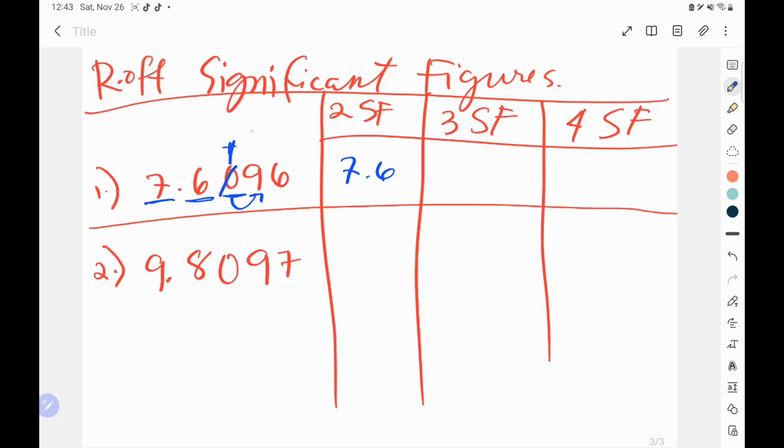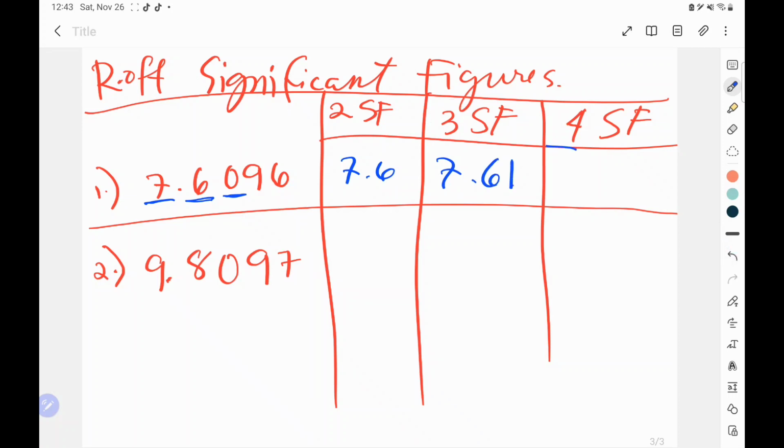So your 0 becomes 1. And what are you going to do with the rest? You have to remove it. Just cancel it out. Now our answer here will become 7.61. Remember, we need 3 significant figures, so it should be 7.61.